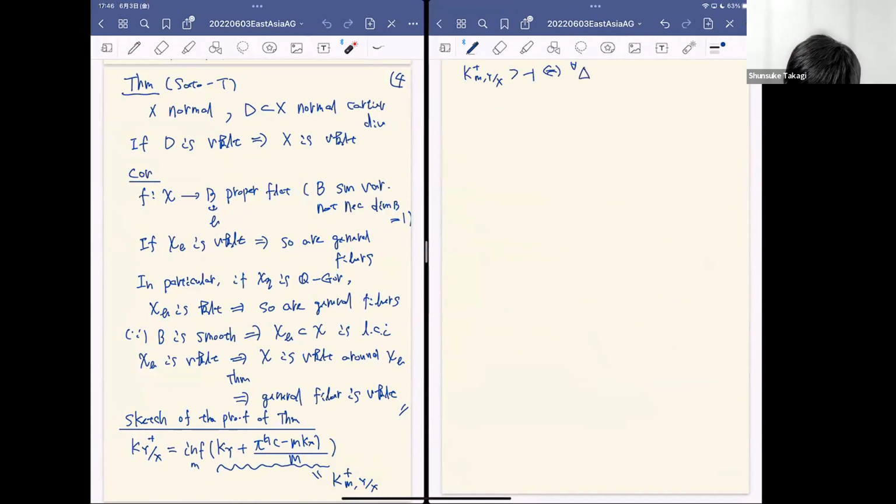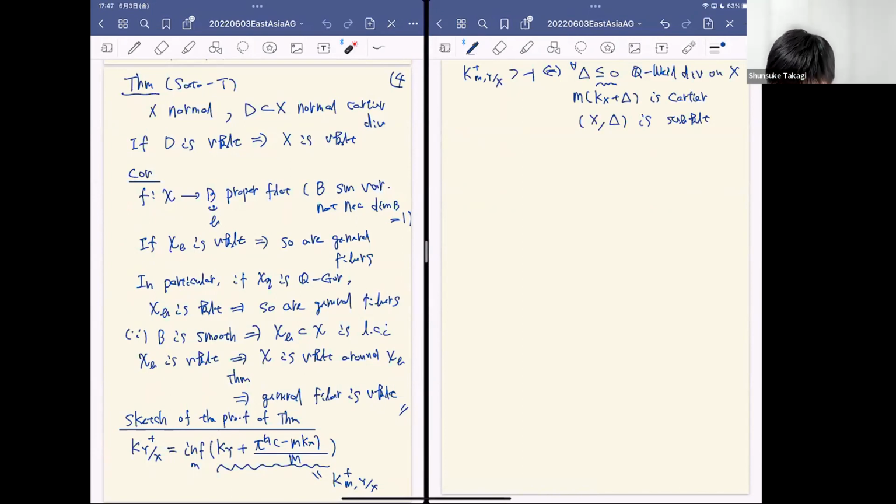For any delta, this delta is anti-effective Q-Weil divisor on X such that m times K_X plus delta is Cartier, and the pair X and delta is sub-KLT. Sub-KLT is basically the same as KLT, but in the classical definition of a KLT pair we assume the boundary divisor is effective.